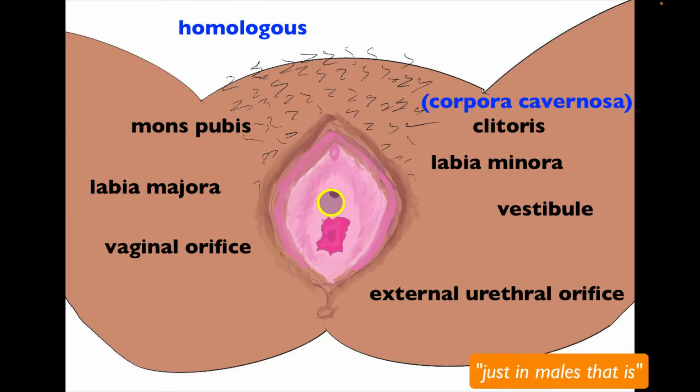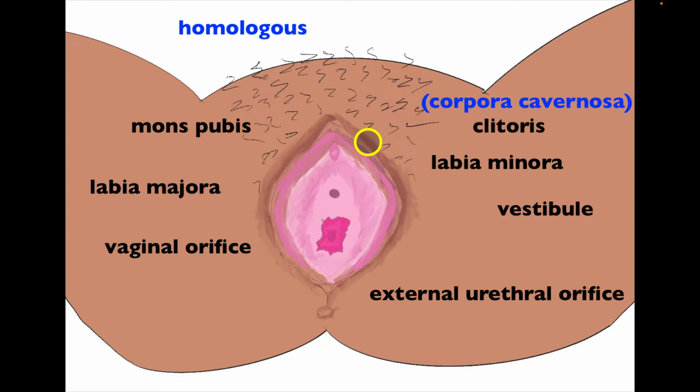Once again, this is the external urethral orifice. So the urethra and the corpus spongiosum don't play a part in the clitoris, but the clitoris has the two corpora cavernosa, which are the erectile tissue of the clitoris and of the homologous penis that engorge with blood during sexual stimulation.